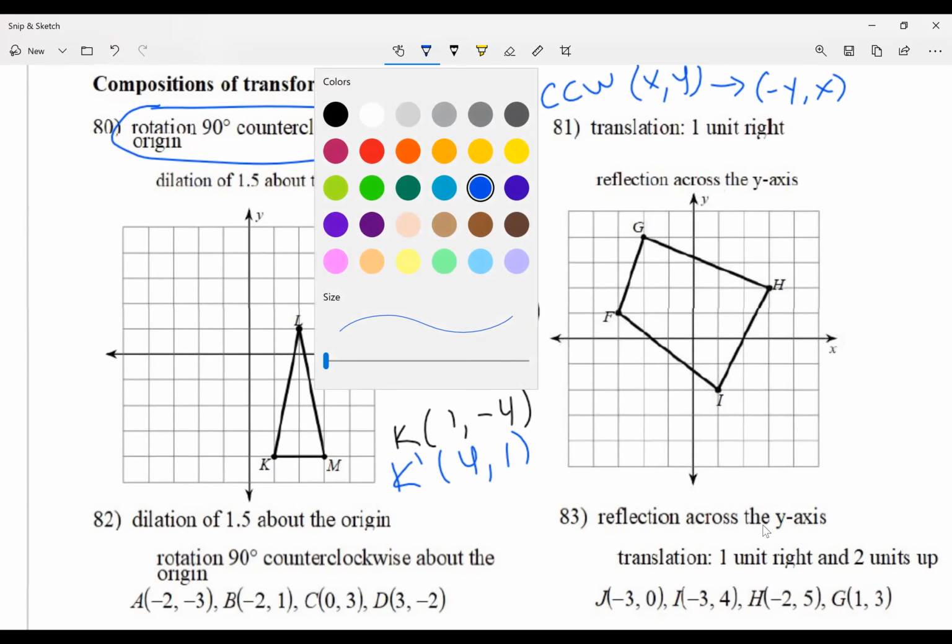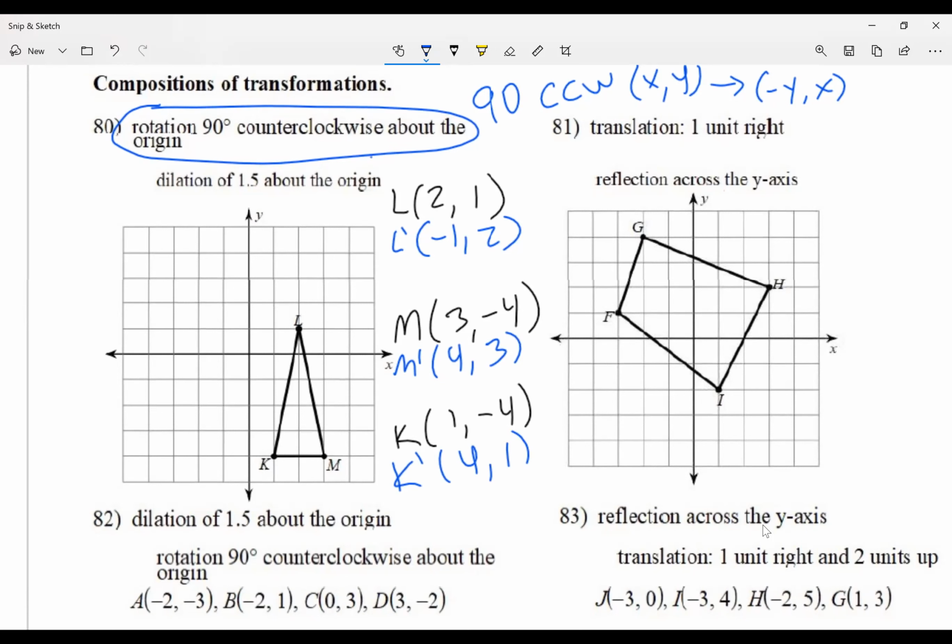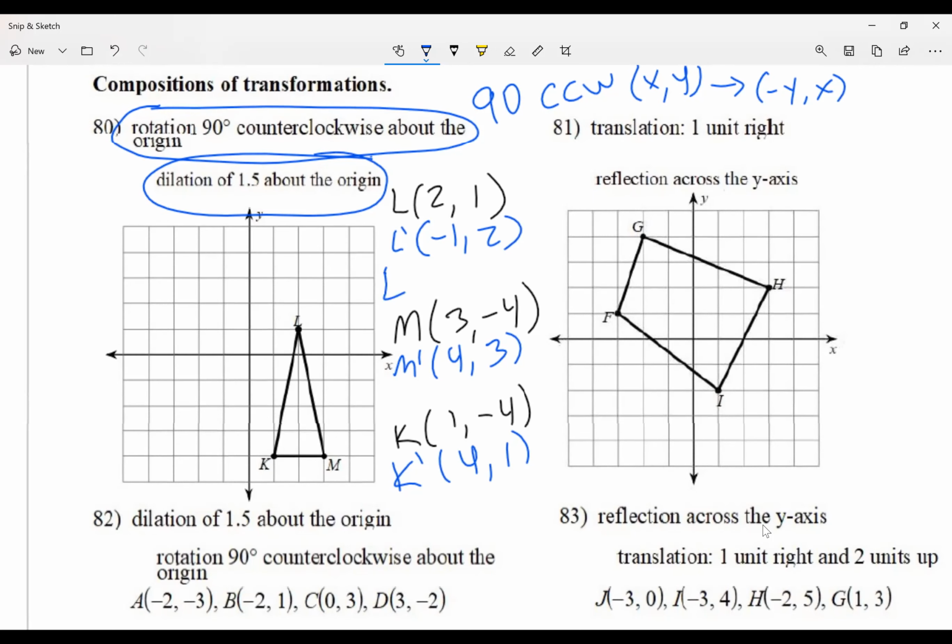Now looking at the second transformation, it says dilation of 1.5 about the origin. So I'm going to multiply each of my numbers by 1.5. I'm going to call this L double prime, because that means after the second transformation. If I was looking at point L, let me multiply each number by 1.5. The coordinates of L double prime will be (-1.5, 3).